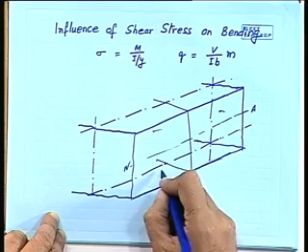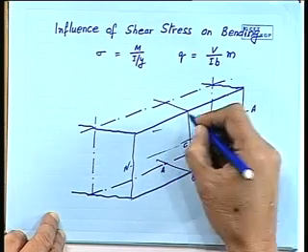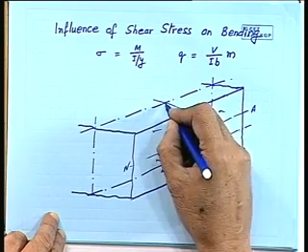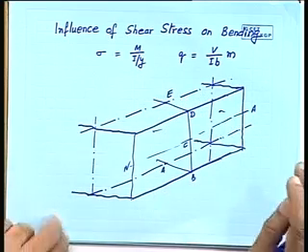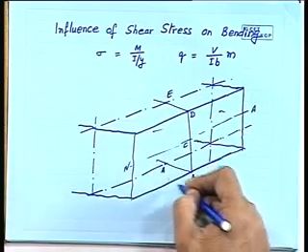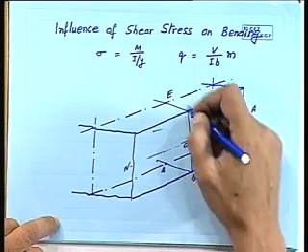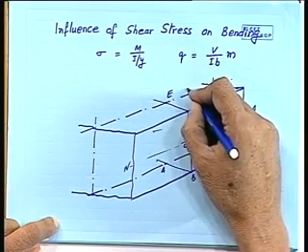Let us name this half section A here, B here, C at this point, D here. Now, we are considering this section before bending, and after bending we find that it takes a shape like this.